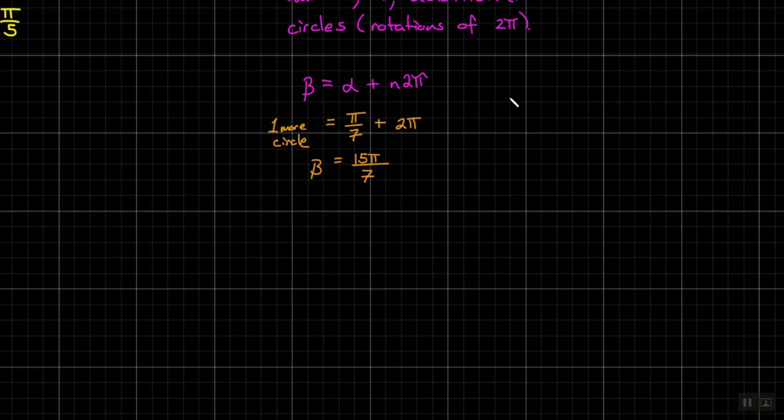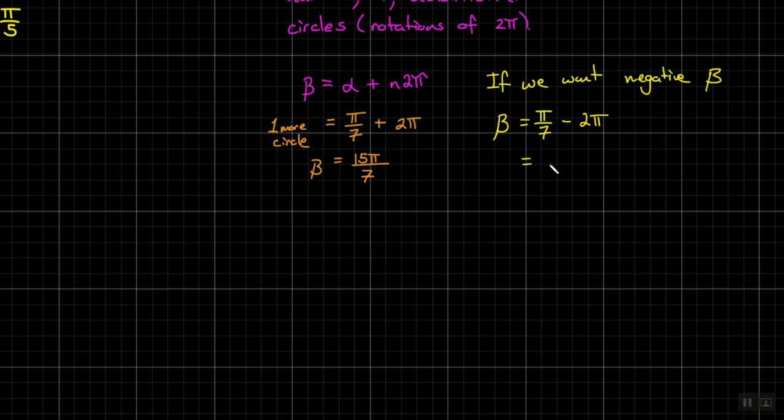We would have subtracted. So if we want beta to be negative, I'll just make a note. If we want negative beta, we could start with the same thing. Beta equals pi sevenths. And one more time, remind me, how do we make it negative? Full circle? Minus 2 pi. And we're still going to end at the same spot. We have to, because we've just done a circle the other direction.